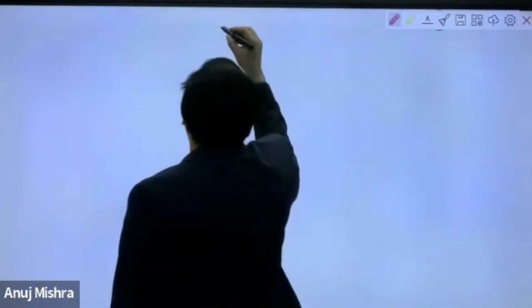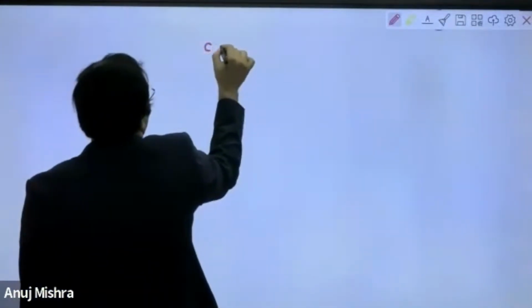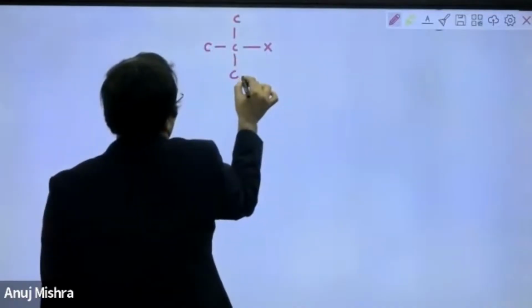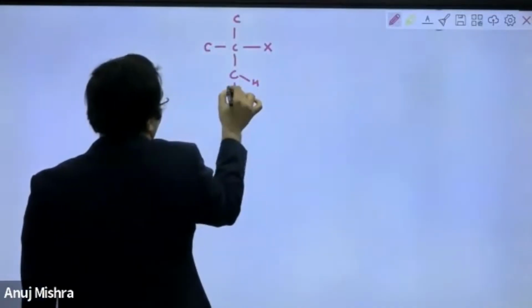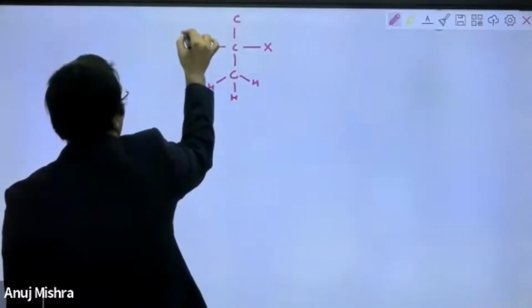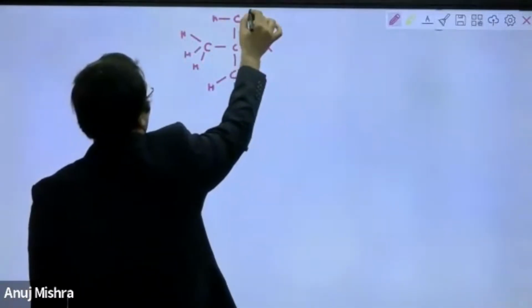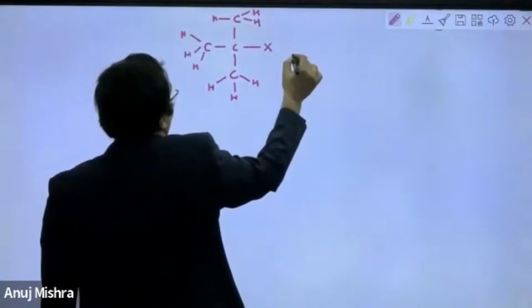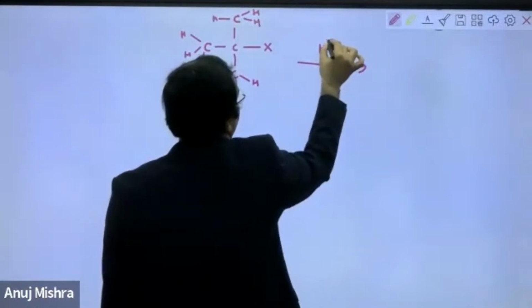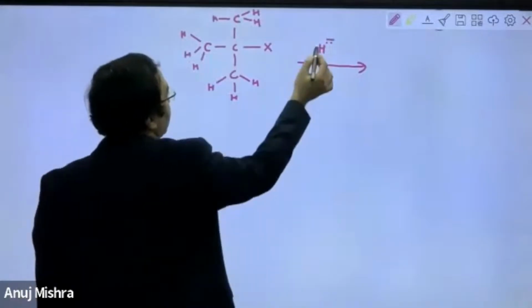So if you go with 3 degree option, let's say you have this kind of situation. In presence of H minus, it can undergo elimination. What is elimination?